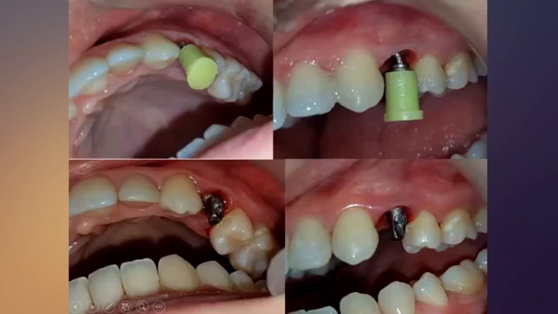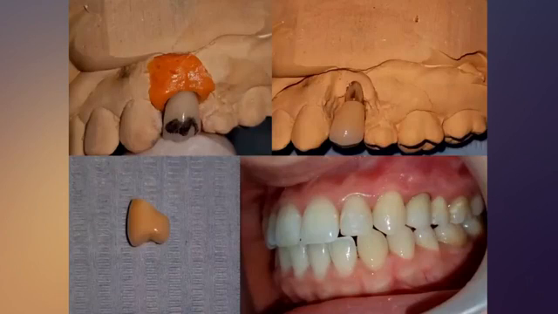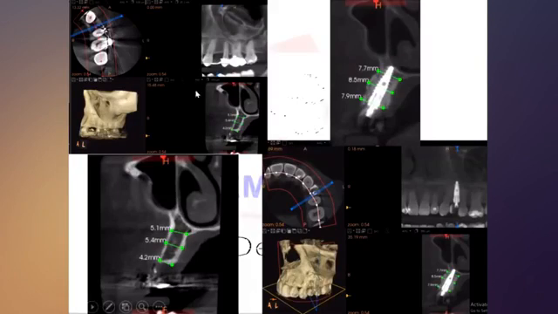We take an impression and place a crown over the implant, which, as you can see, is esthetically correct. Now let us check the bone in the CBCT. As you can see, from 4 it has passed to around 8 millimeters, which is then a couple of millimeters on both sides, even more.